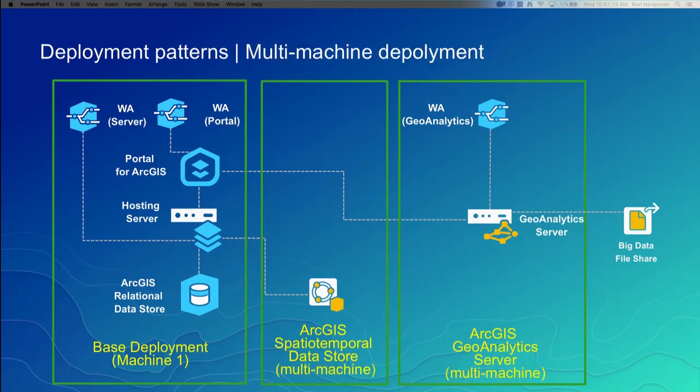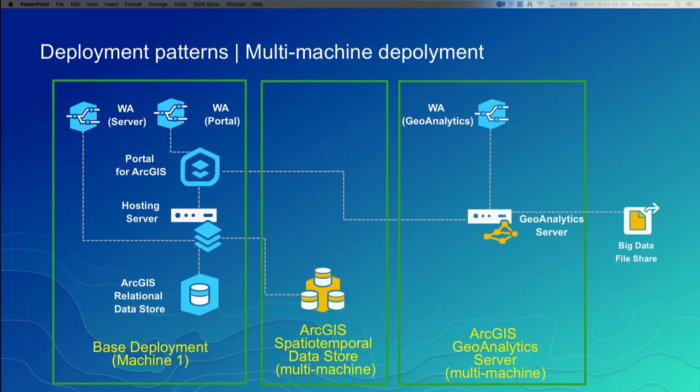And then here is a multi-machine deployment. So depending on your analytical needs, you can easily scale out your GeoAnalytics Server. For example, here, what you see in the ArcGIS spatiotemporal data store is that we had a single spatiotemporal data store.